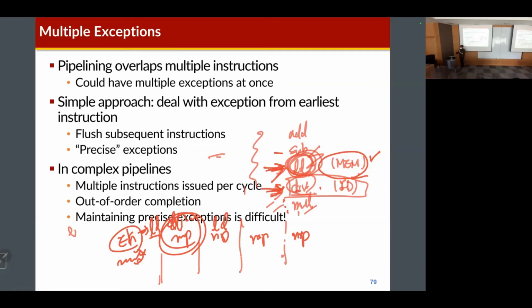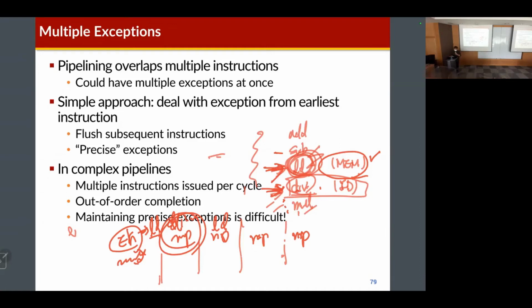So you need to remember that the processor needs to support the order of exceptions. So I want to say that the order of exceptions should be the same as the order of instructions.